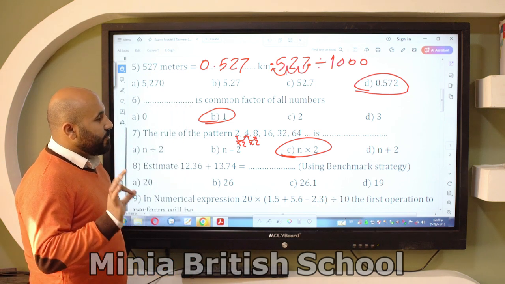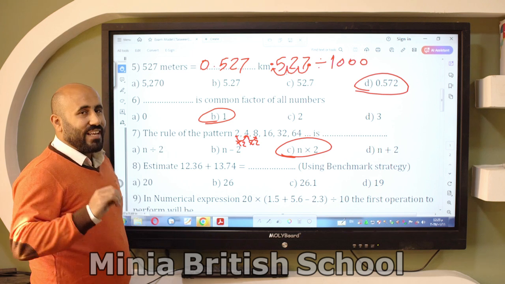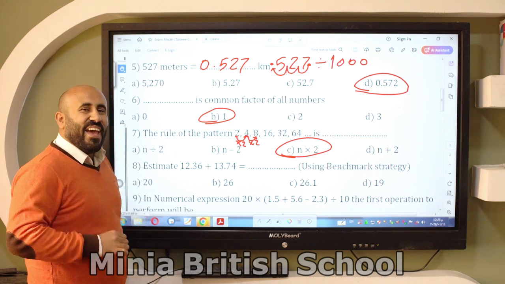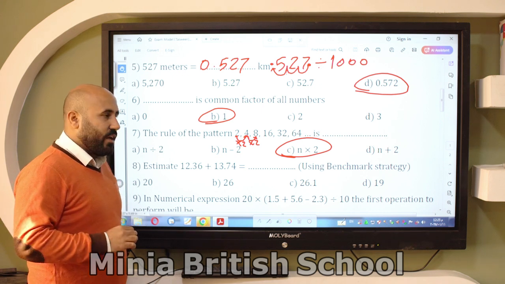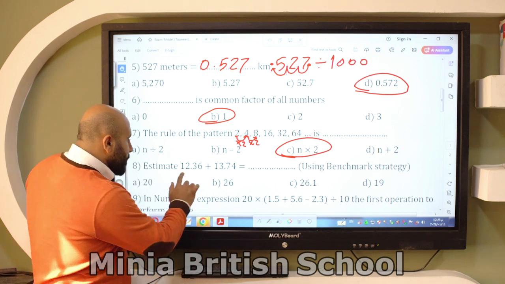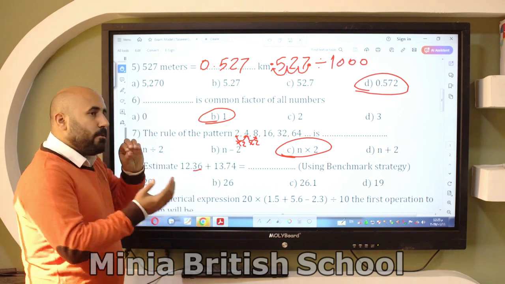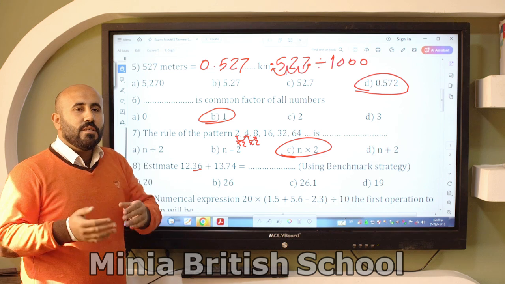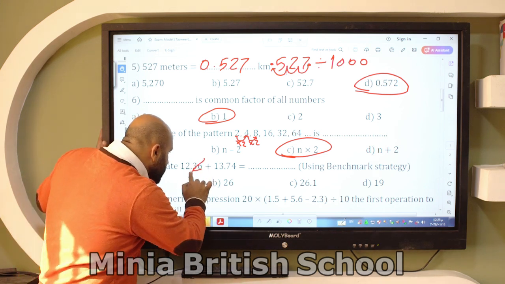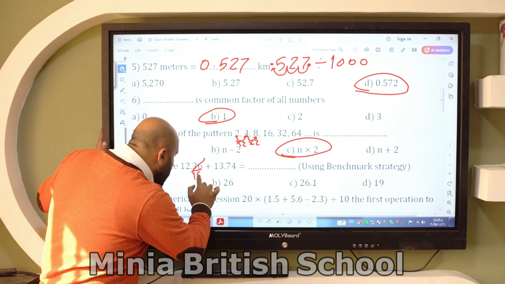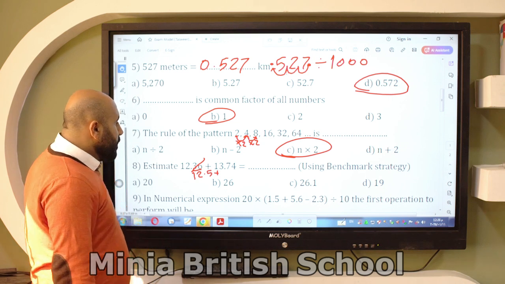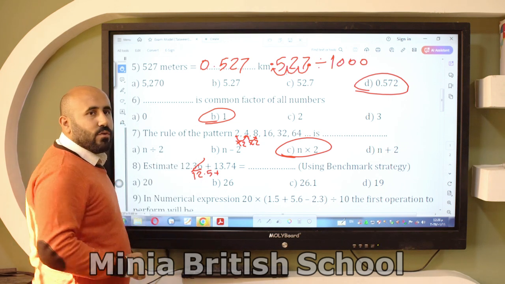Estimate using the benchmark strategy. When I say benchmark strategy, it means I will look at the decimal part and determine which benchmark it belongs to. 36 belongs to the benchmark 0.5, and in this case I will delete the decimal part and it will be 12.5 plus 13.74.